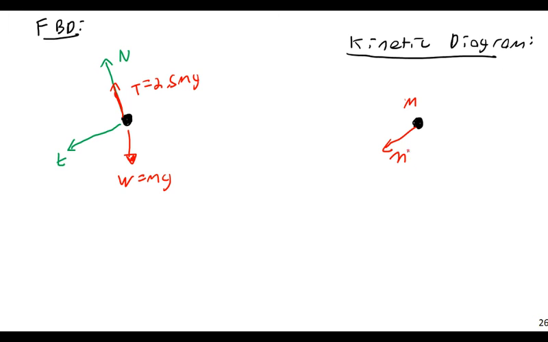Actually, that shouldn't be a subscript: m times a_t and m times a_n. We have m a_t and m a_n.